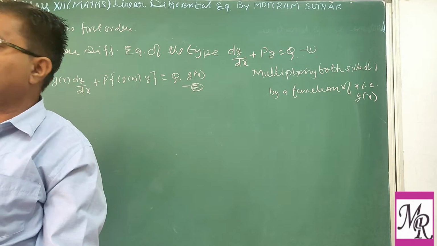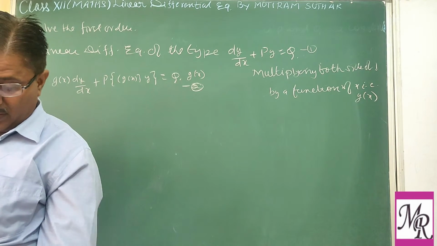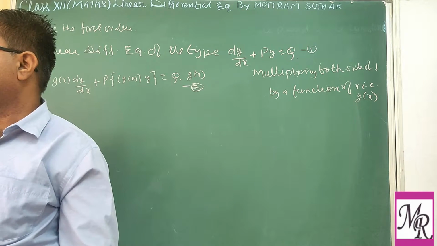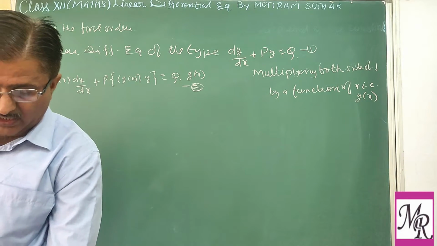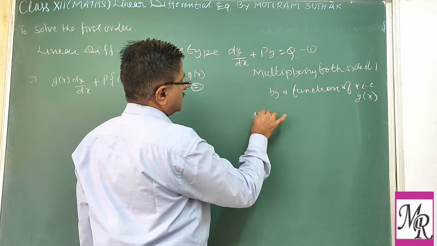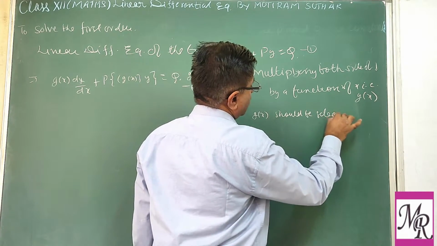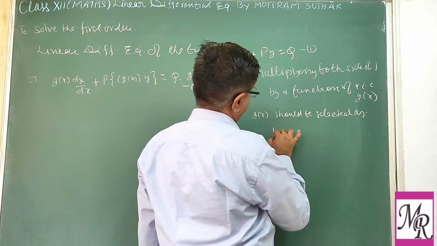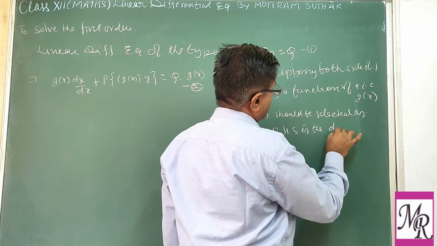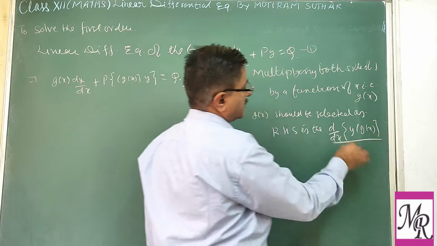Now our important role is here. How can we find the value of g(x), or in which case we can select the g(x)? You have to select g(x) in such a way that the left hand side of equation two is the derivative of y into g(x).